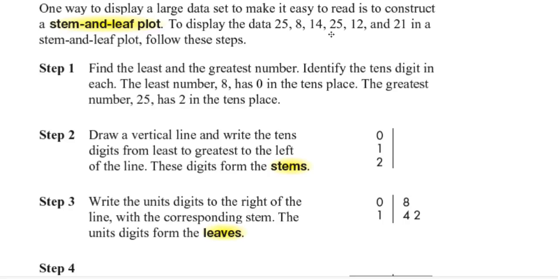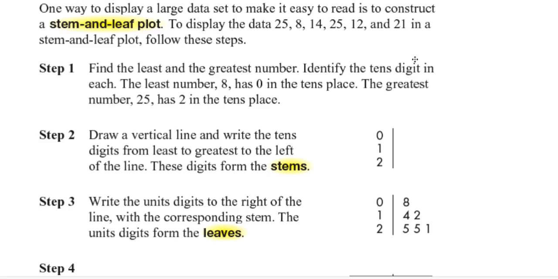Because you have 14 and 12, with 4 and 2 in the ones place. And finally, in the stem of 2, you have 5, 5, and 1 as your leaves, because we have 25, where 5 is in the ones place, another 25, and 21.